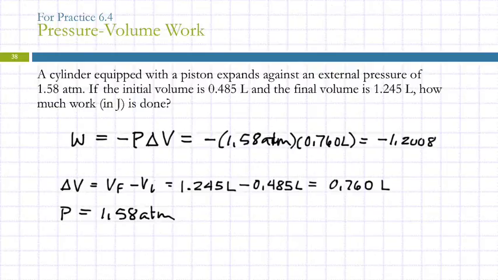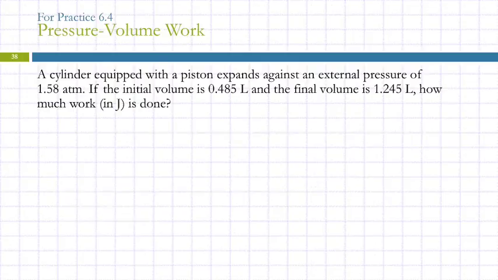What's the unit on that? Atmosphere liters. Nothing cancels out. I can't just do wishful unit conversions and slap a joule on that. I need to use the conversion factor.